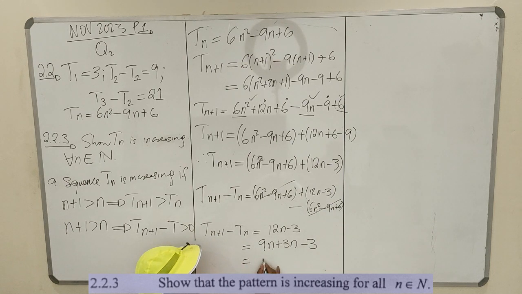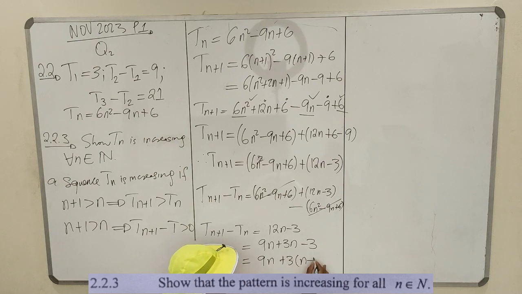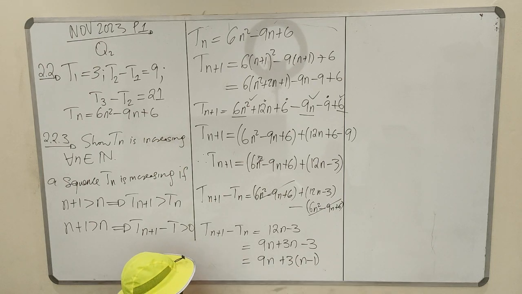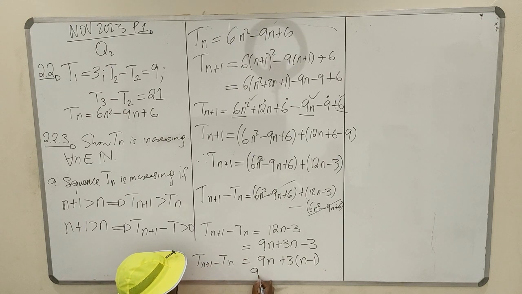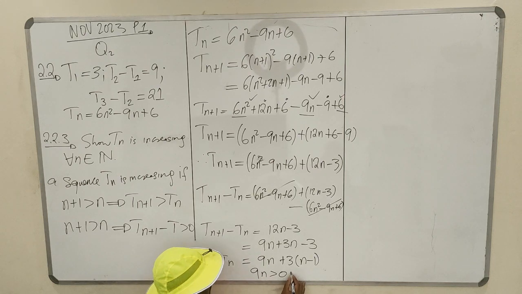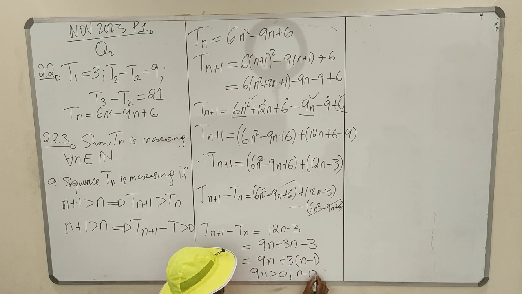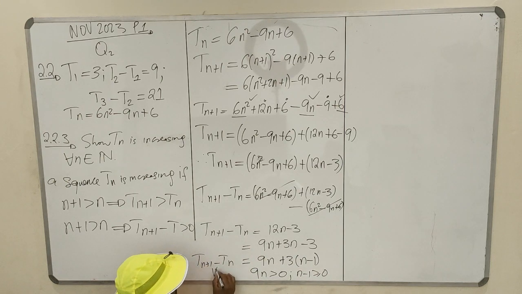Then you have 9n plus 3 into n minus 1. I think we can all agree that this is your Tn plus 1 minus Tn. If you're looking at this, you can see that 9n is greater than 0 if n is a natural number, and n minus 1 is greater or equal to 0 for n a natural number.